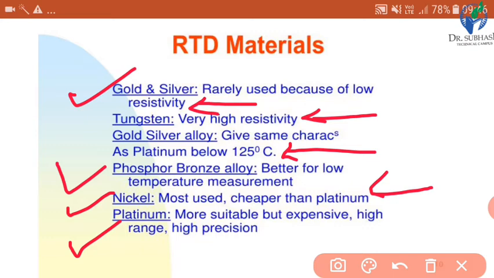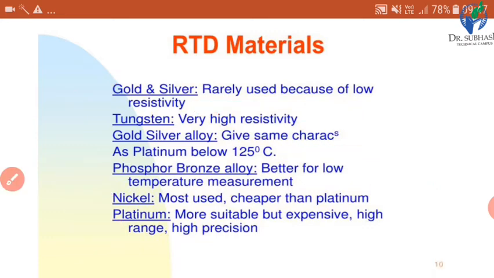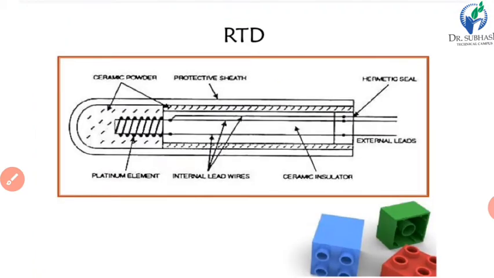Its range is high and it has high precision. So if cost is not a constraint, then platinum is the most suitable material for RTD. These are the materials we can use for manufacturing RTDs.